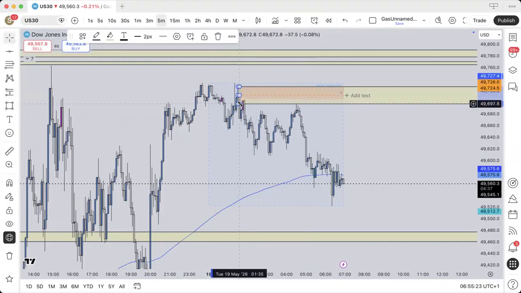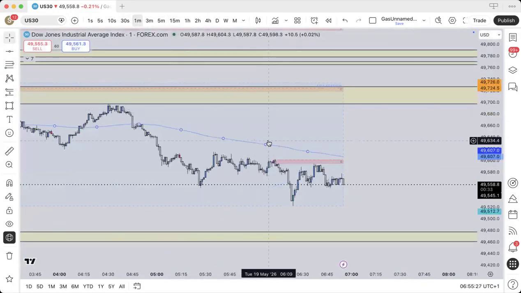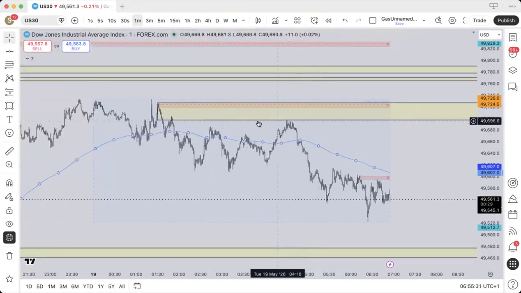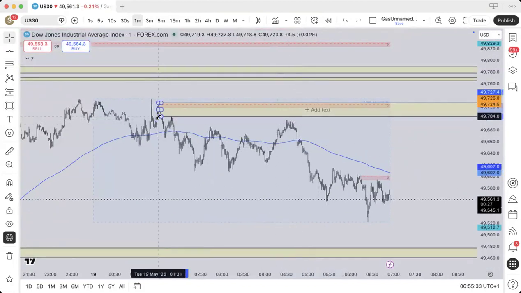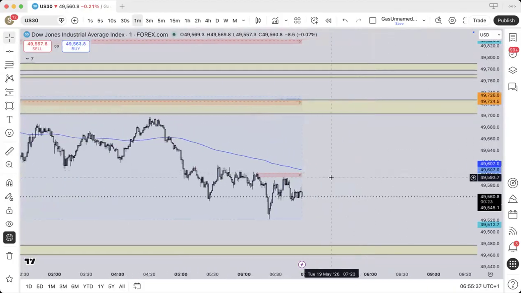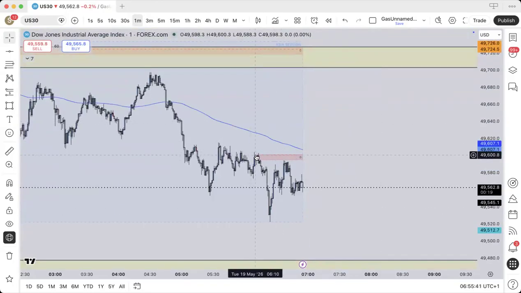So again, I like to cover these wicks here. Yeah, so got a nice order block in there. So if anything, I'd probably on the 1 minute cover that wick there. Again, we've got an EMA here, which is quite nice. It's very wicky, so I'm not too sure about that one right now.